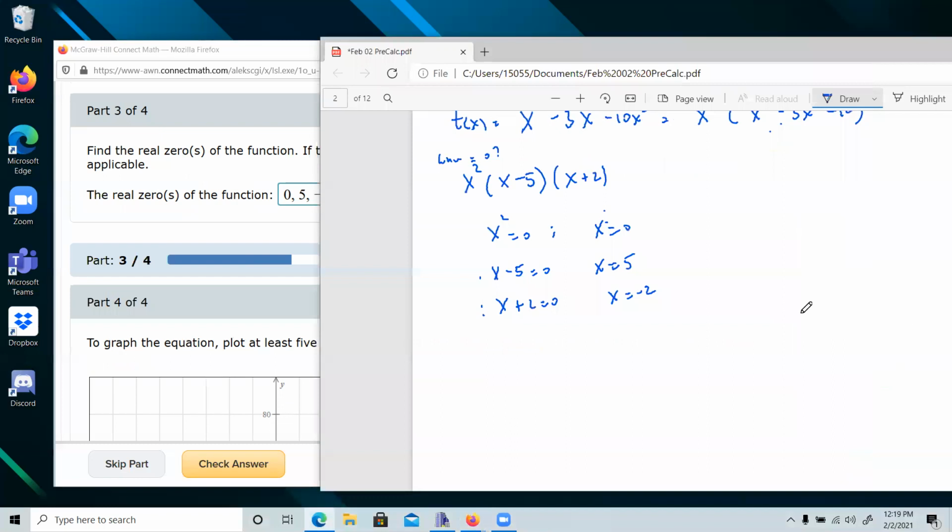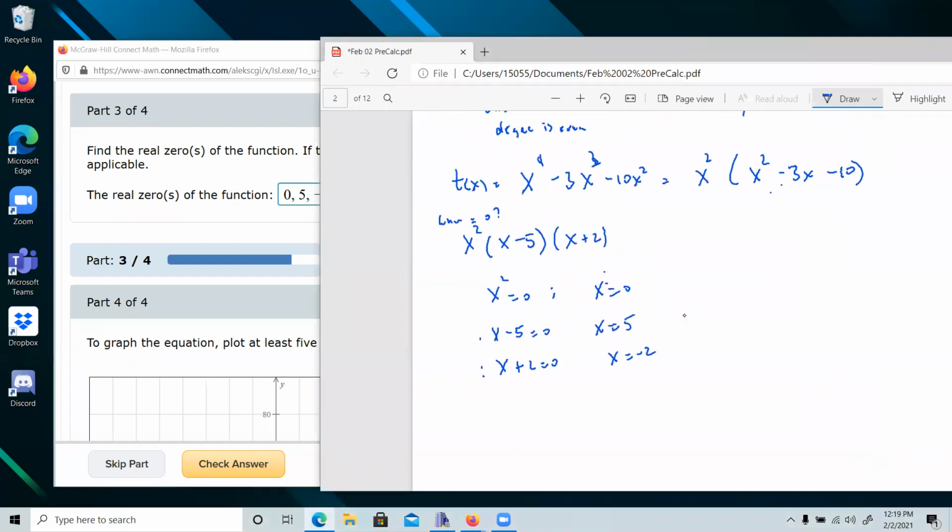And then we're going to plot this thing. Okay, if I was going to plot this by hand, we'd have 1, 2, 3, 4, 5. We'd have 1, 2. We'd have 0, 0. Knowing that my end behavior is going to look like this. Okay, so we're going to come down. When we are at -2, this is a single powered root.